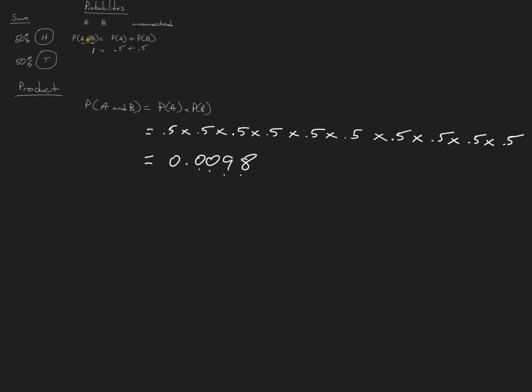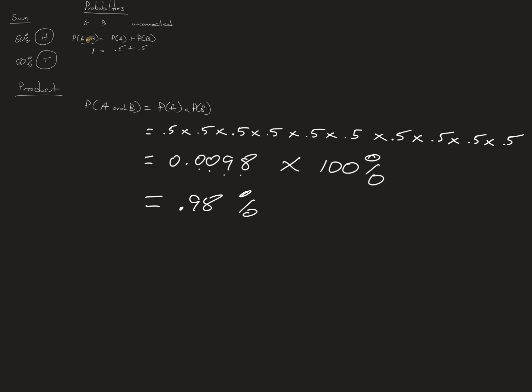If you want percentages, you multiply this times 100%. The odds of you getting 10 heads in a row is 0.98%, less than 1%. You can do that forever with a calculator, and it's easy.